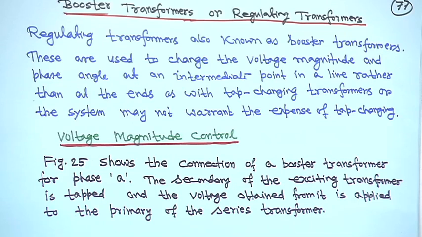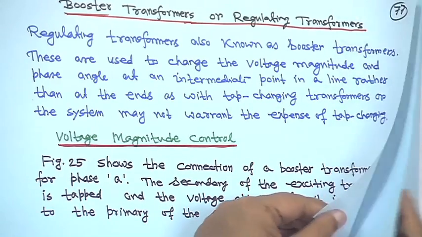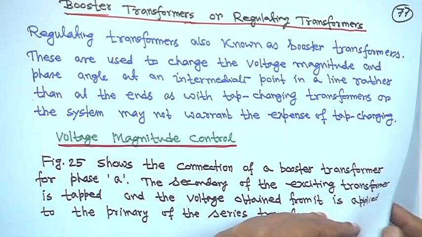With the tap changing transformer, we put it at either the sending end side or the receiving end side, or the system may not warrant the expense of tap changing, but in this case we can put it at some intermediate position of the line. So, voltage magnitude can be controlled, and phase angle also can be controlled.